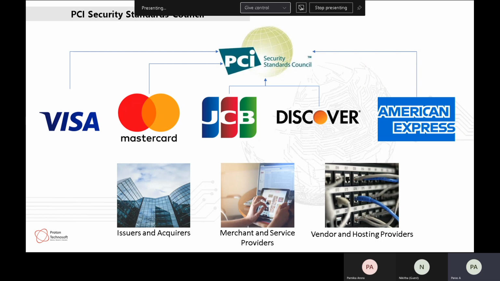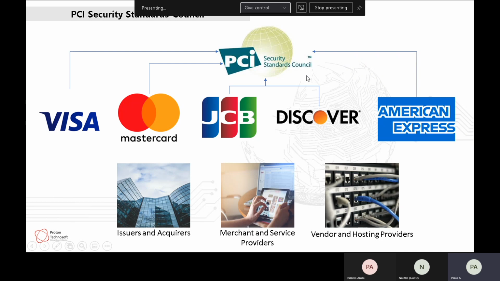They will also maintain those security standards by reviewing the feedback coming from the industry, from the merchants, from the banks, and then updating those security standards on a periodic basis. So that was a key role of the PCI Security Standards Council.